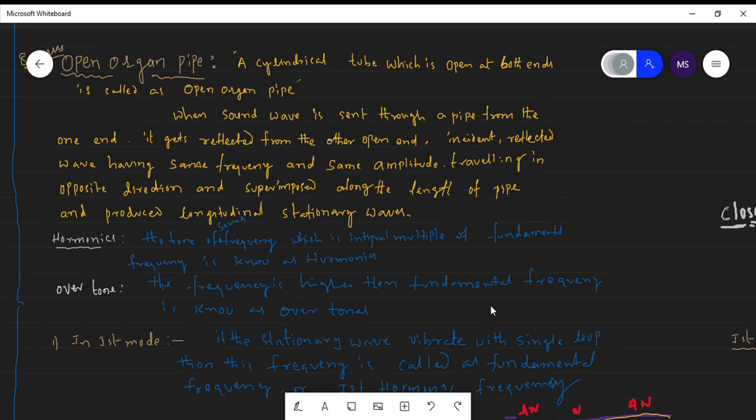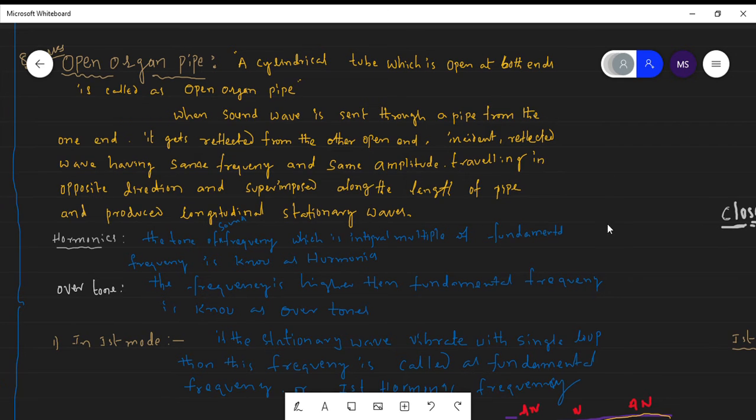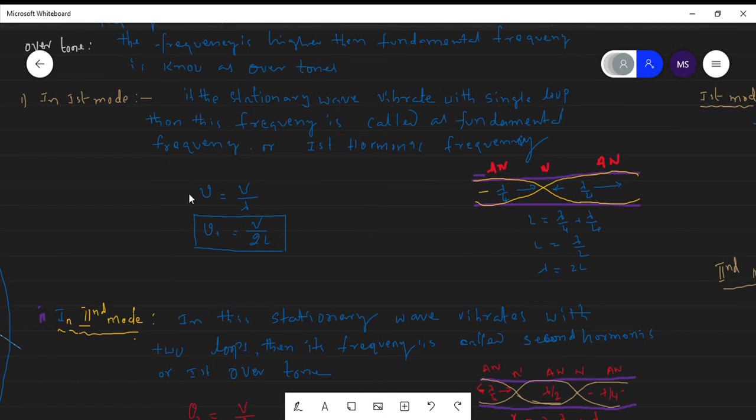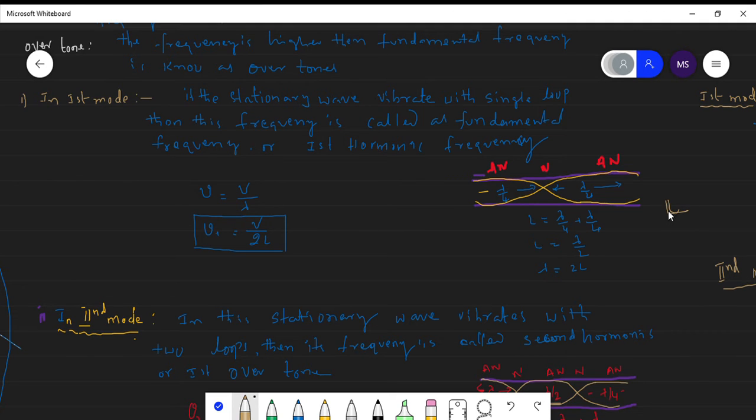Here, in the first mode, what happened? This is the pipe of length L. The total length of the pipe is L. This pipe is placed toward the source, for example, the source of sound.